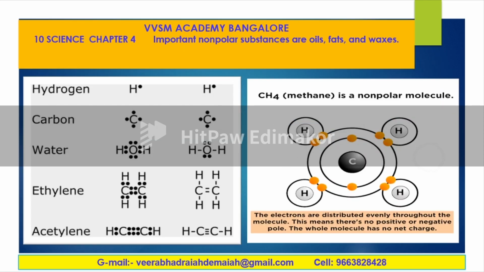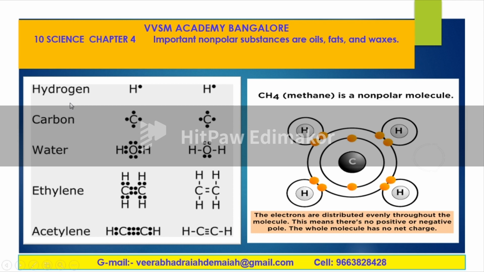Important non-polar substances are oils, fats, waxes and other organic compounds. Methane, for example, is a non-polar molecule. The electrons are distributed equally throughout the molecule. This means there is no positive and negative pole. Instead, the whole molecule has no net charge. As I told you, it cancels.